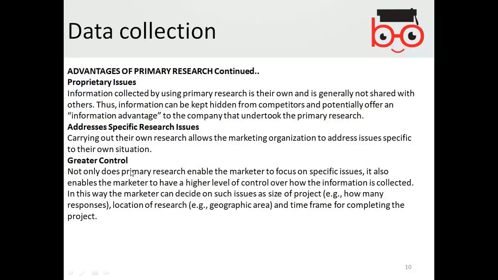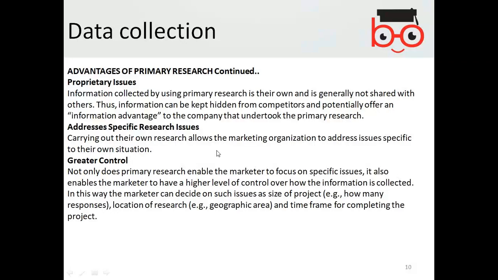Greater control. Not only does primary research enable the marketer to focus on specific issues, it also enables the marketer to have a higher level of control over how the information is collected. In this way, the marketer can decide on such issues as the size of the project, location of the research, and time frame for completing the project.